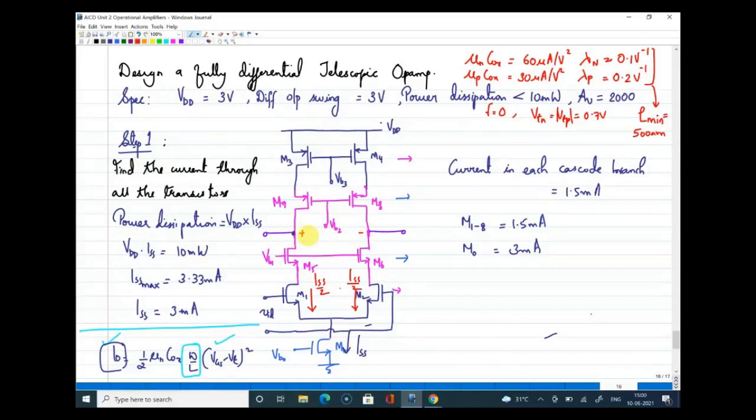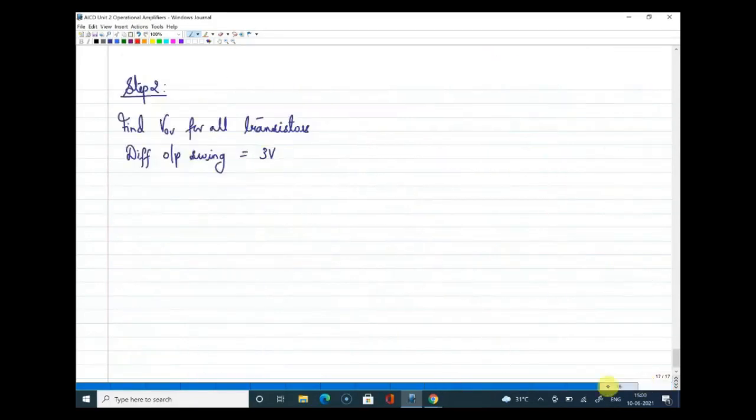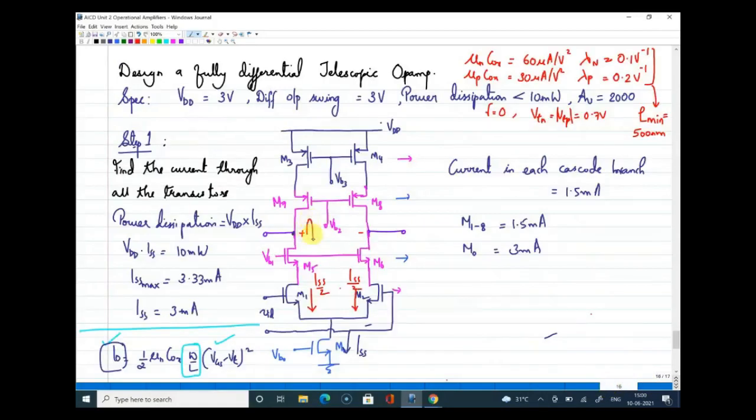That means each node, this node here and this node here, both should have a swing of at least 1.5. So here if it is going to 1.5 and on the other side if it is going to minus 1.5, altogether I can say the peak to peak swing across the output terminals will be equal to 3 differential swing. All right.